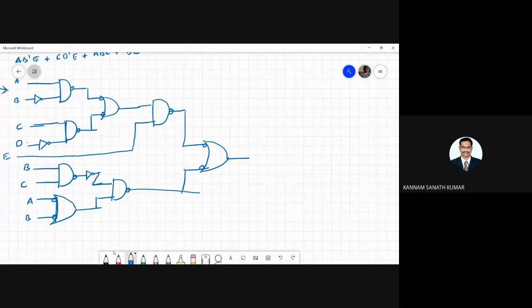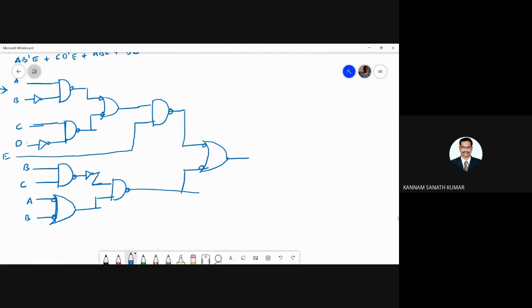So here I'm drawing. This is an inverter and this is an AND gate, and this is nothing but AB.